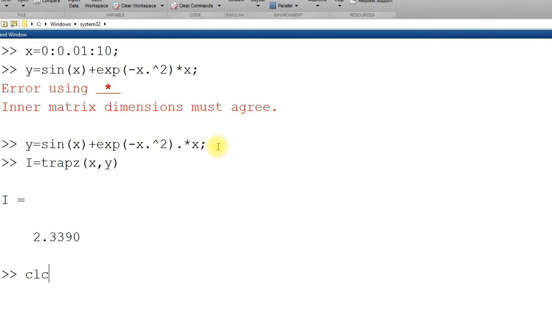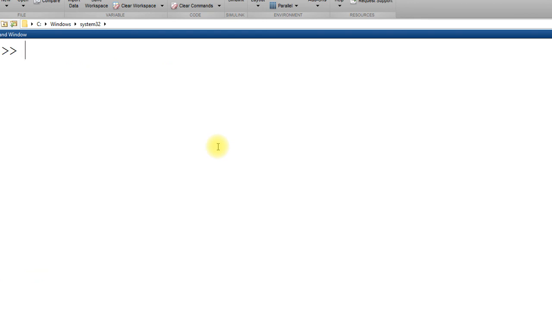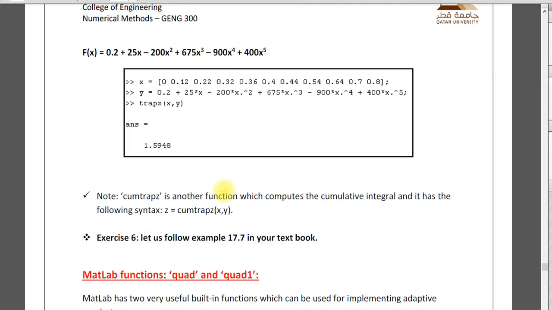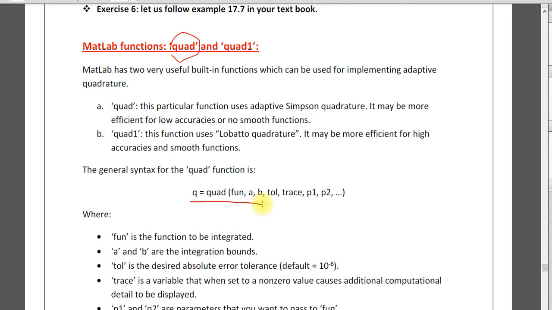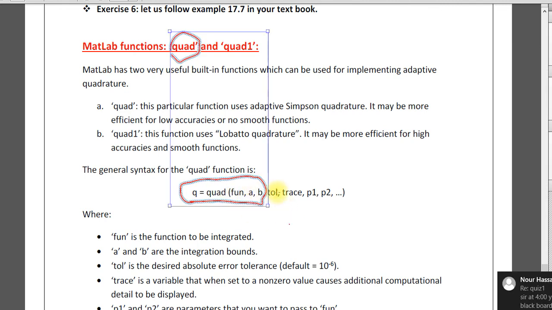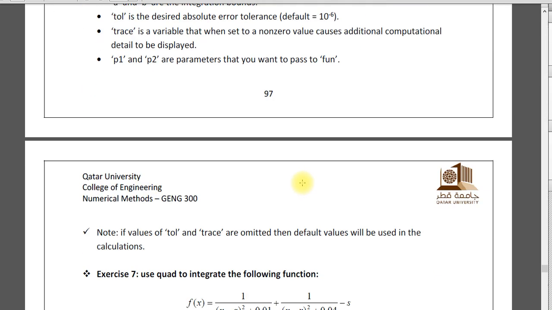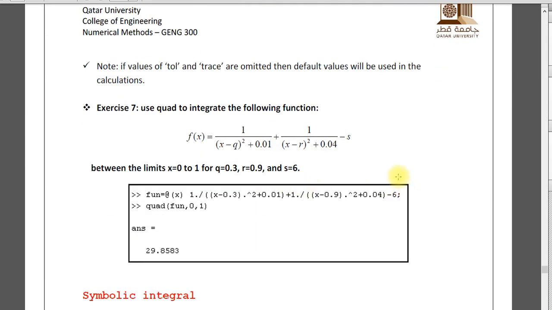Similarly, we have the quad function, which is for any function. Where is the quad here in the manual? The quad function is one line of code. Tolerance and trace we can leave. q equals quad, a function integrated from a to b. The function we define as an anonymous function, f equals @(x).